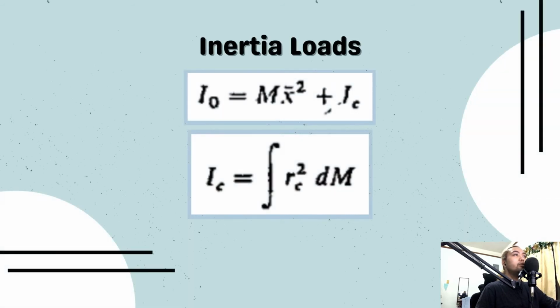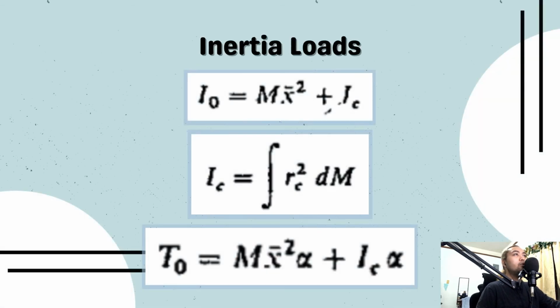In the next equation, regarding the inertia of the mass about an axis through the center of gravity, the term I sub c is obtained as the sum of products of mass elements dm and the square of their distances r sub c from the center of gravity, which would look like this: I sub c is equal to the integral of r sub c squared dm.